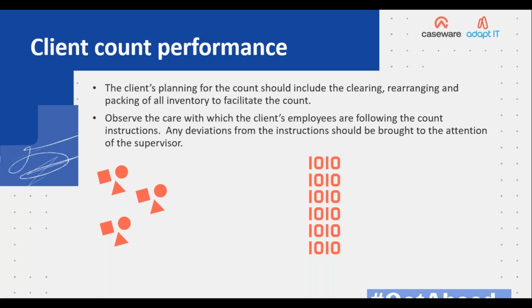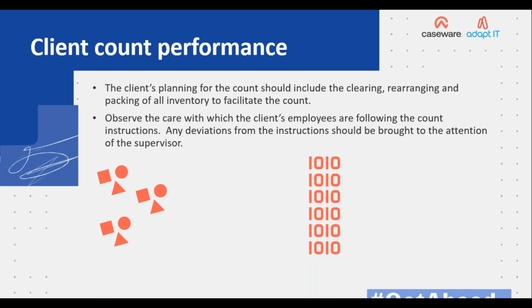Now, when an inventory count is performed on the year-end balance, this will be done once a year. So you can then assess the instructions and observe the count, and this gives you more comfort over the functioning of the control over the count at this particular point in time.